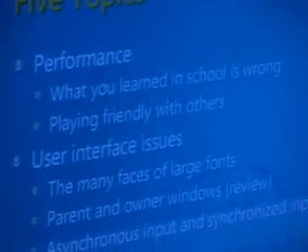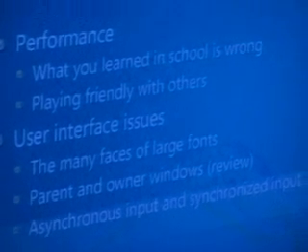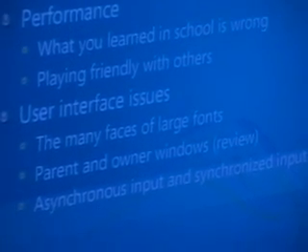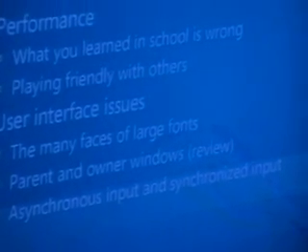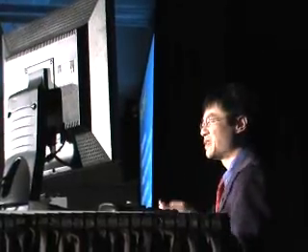The second half is going to focus more on user interface issues. 3 categories of user interface issues that I see applications messing up with some frequency. The first is the confusing circumstances around the phrase large fonts. The second, a review of the distinction between parent and owner windows.